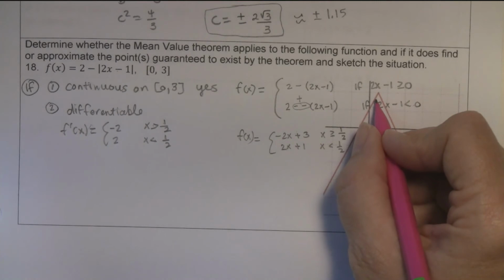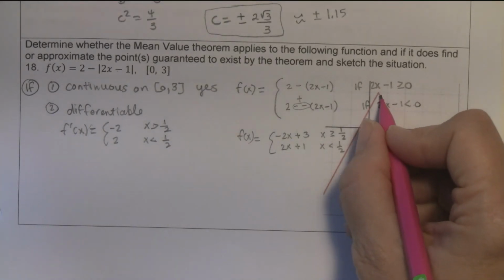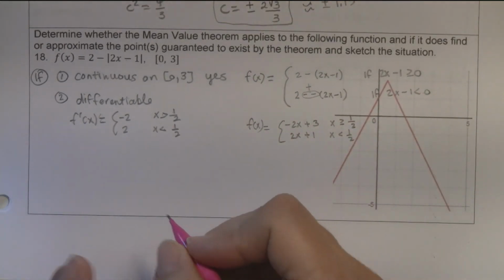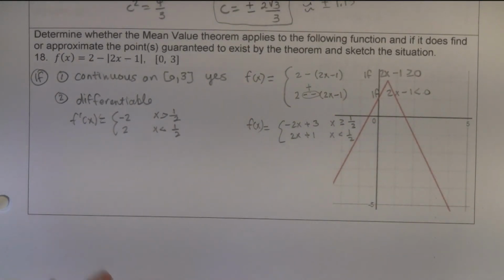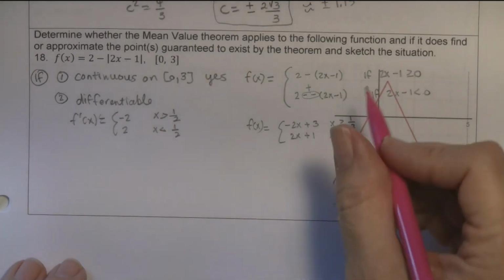Well, my slope on one side is positive, and on the other side, my slope is negative. And so right at half, because right before it and right after it, because remember, my limit gets you the slope on either side of that point, and they're not equal to one another, so my limit doesn't exist. So it's not differentiable, and it's a corner.